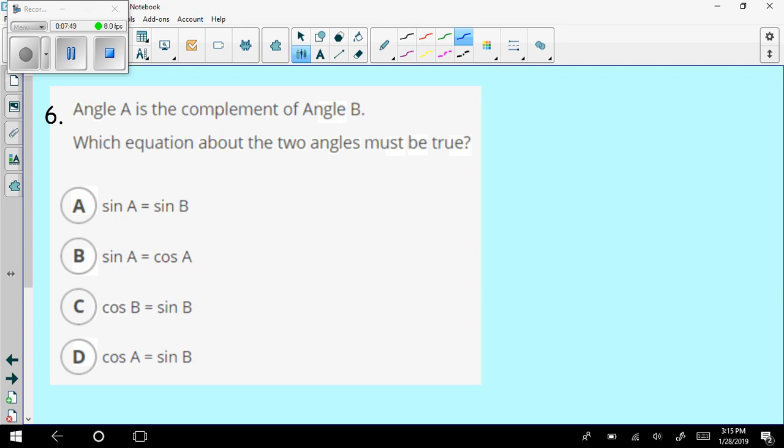A and B are complements. Which equation about the two angles must be true? So we have a triangle. Here's A, here's B. Here's a right angle. In terms of A, this would be opposite, this would be adjacent, this would be hypotenuse.